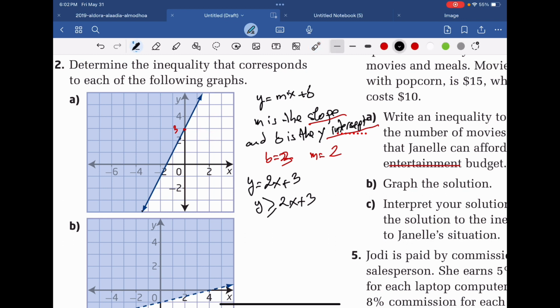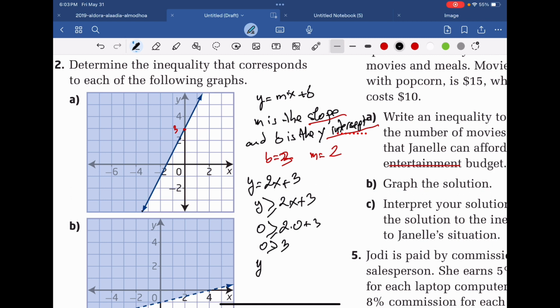So now I will try with the point 0, 0. Is 0 greater or equal than 2 times 0 plus 3? 0 is greater than 3, which is not true, which is false. So I just have to reverse this. So my equation is y is less, no, wait, let me give 1 second.